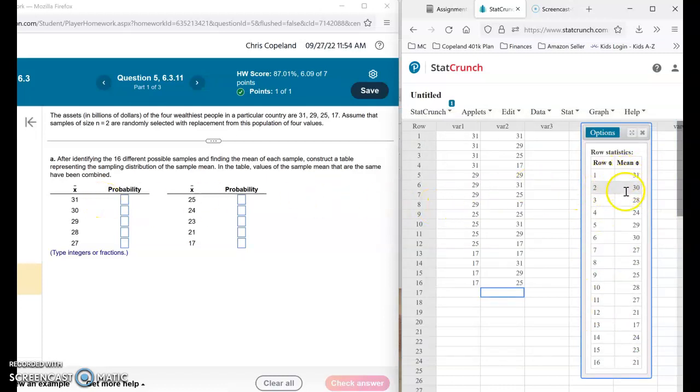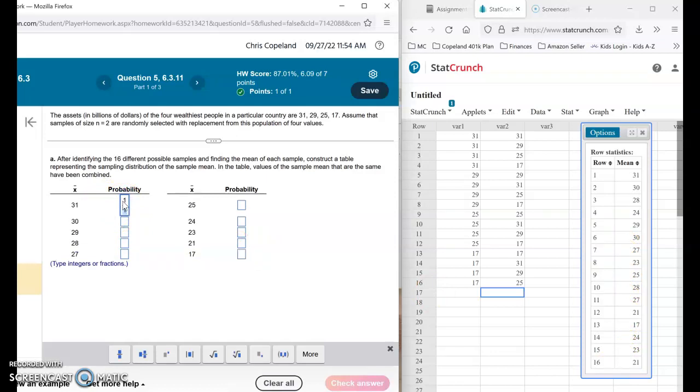How many 31s do I have here? 1. So the probability is 1 out of 16. How many 30s? 1, 2. 2 out of 16, or 1 out of 8. 29: 1, so 1 out of 16.